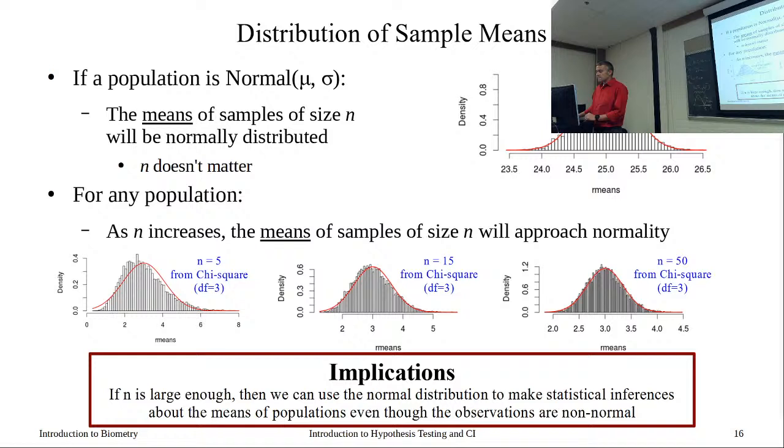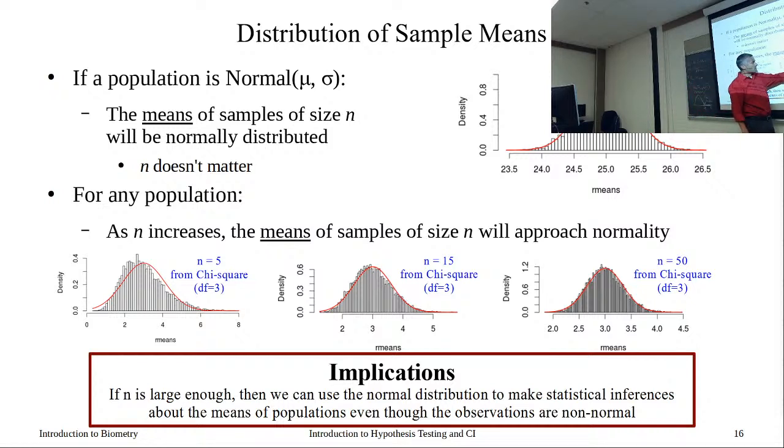But that's okay, because if we take a sample from this chi-square distribution, with a sample size of 5, and I repeated that over and over and over again to get a histogram of the means of all of those samples, still non-normal. What if I increase it to a sample size of 15?